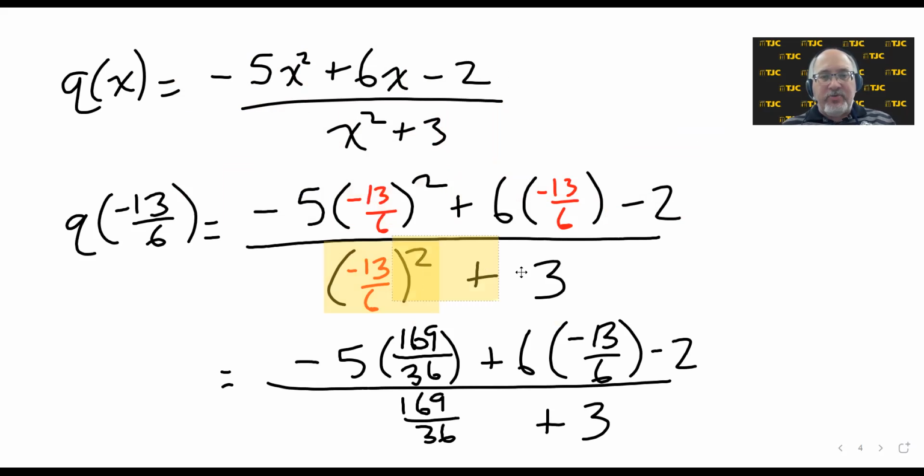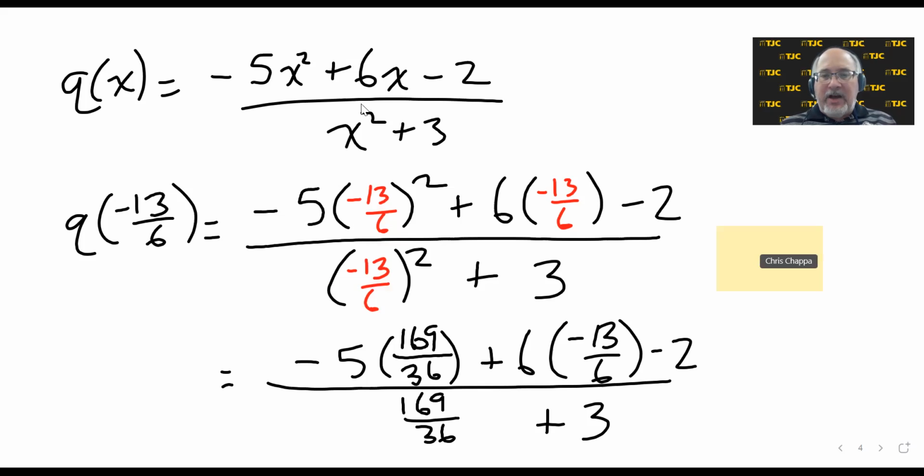X squared plus 3 came down correctly. 13 squared is 169, I know that. So that part's correct, and that part's correct. The negative 5 came down, the positive 6 came down, the minus 2 came down, plus 3 came down. All right, all this looks good.